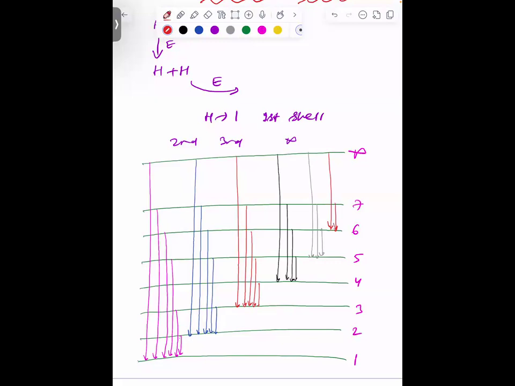So in this way, a series of lines are obtained.